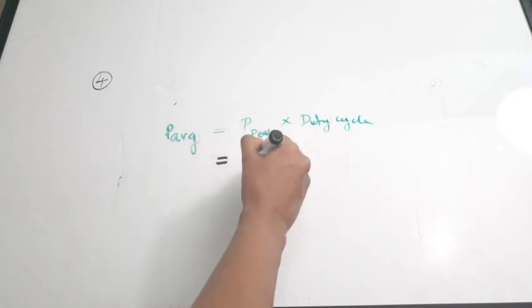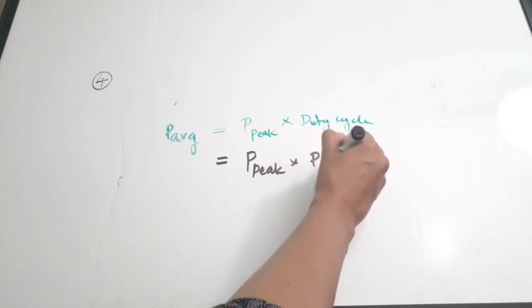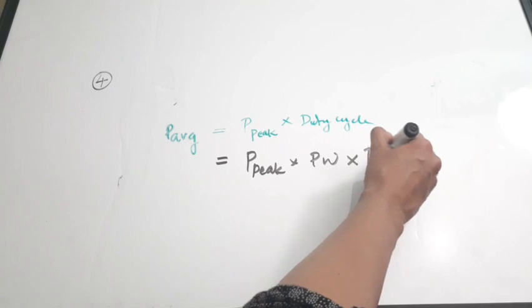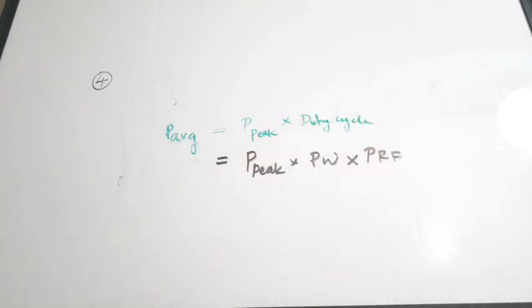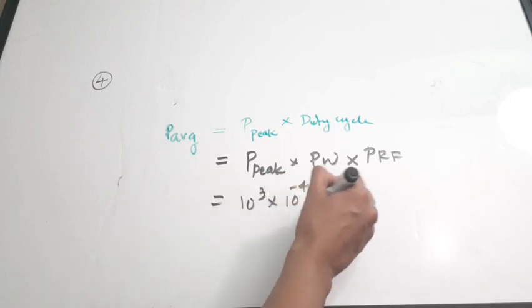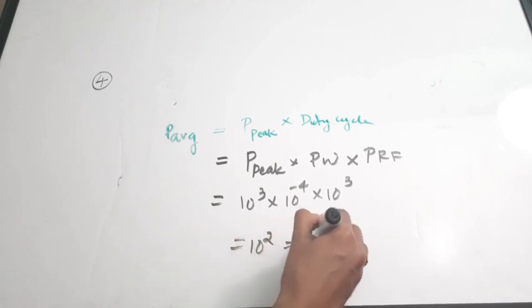So the equation changes like peak power into pulse width into pulse repetition frequency. Now all the values are known to you, right? So you can find average power. 10 raised to 3 into 10 raised to minus 4 into 10 raised to 3. That will be 10 square or 100 watts.